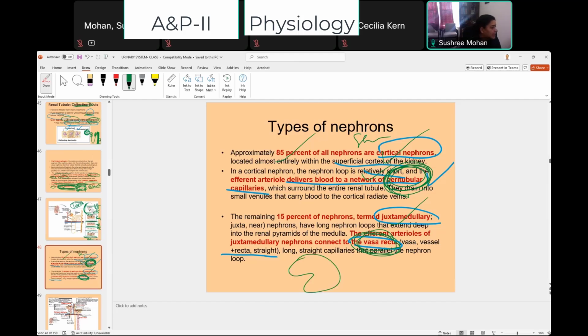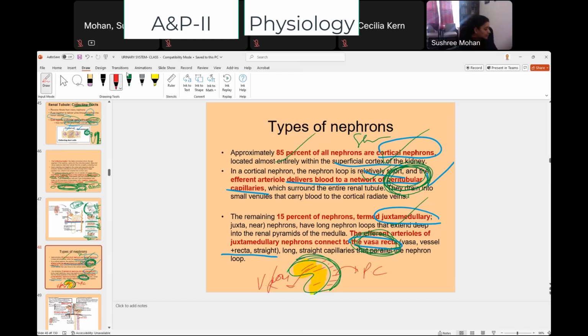So in the kidney, again, this is the cortex, this is the medulla. Nephrons which are present over here are short, and they are connected to the peritubular capillaries. Nephrons present over here are long, but they are connected to the vasa recta.